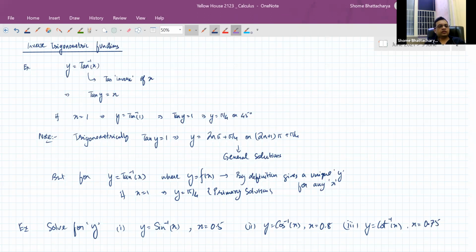So just make a note of this section first, the understanding of inverse trigonometric functions, and then work out these 3 examples and send me the answers on the text message. We'll continue forward from here.